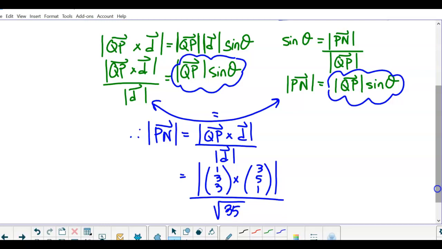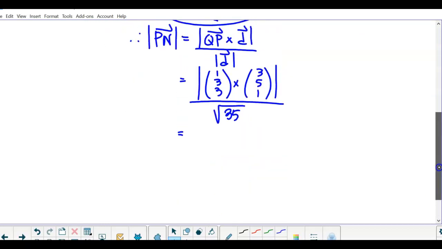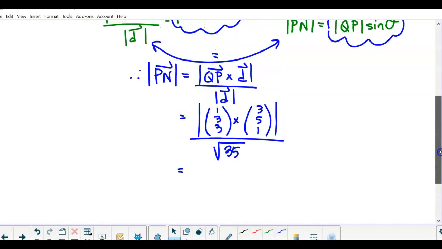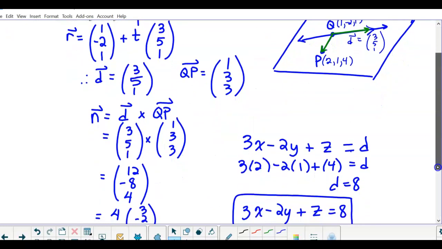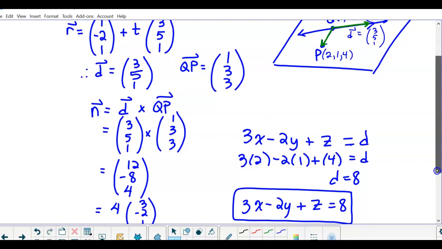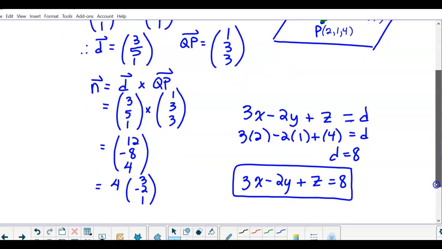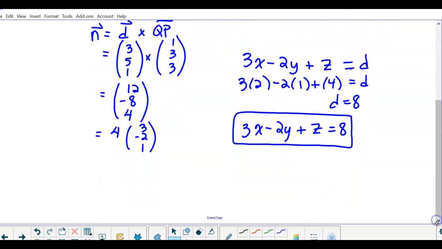Okay, we already did this as well back in the last one to get the normal, right? So this is going to be negative 12, negative 8, 4. Oh, sorry, what was it? That's fine, sorry. We did d cross 2p, so it would be the opposite sign of that. So negative 12, 8, negative 4.